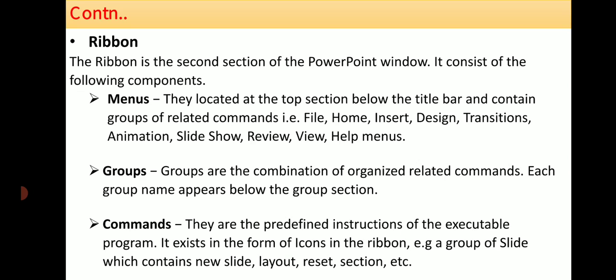They are predefined instructions of the executable program. They exist in the form of icons in the ribbons. Example, the slide group, which contains new slide, layout, reset, sections, etc. Like this, certain executable program commands are available.